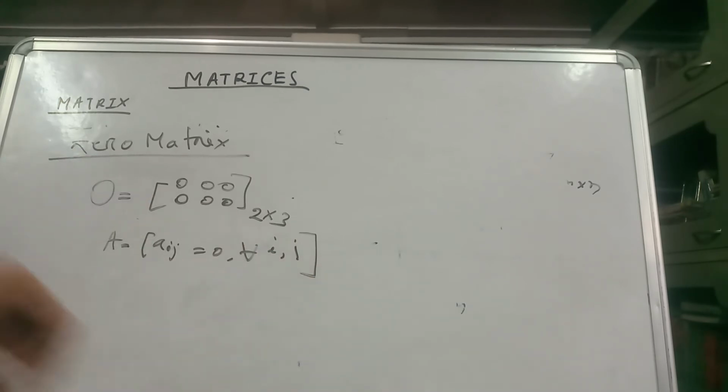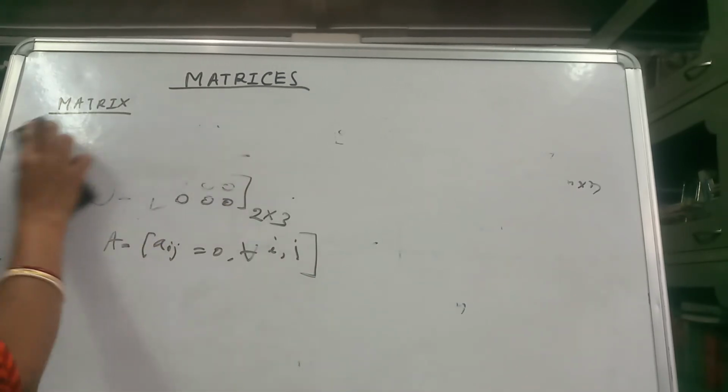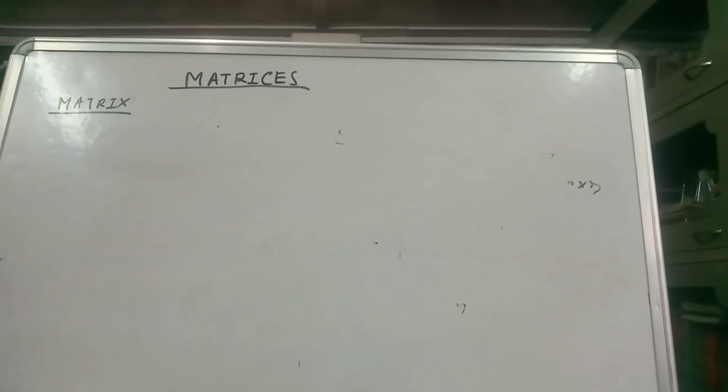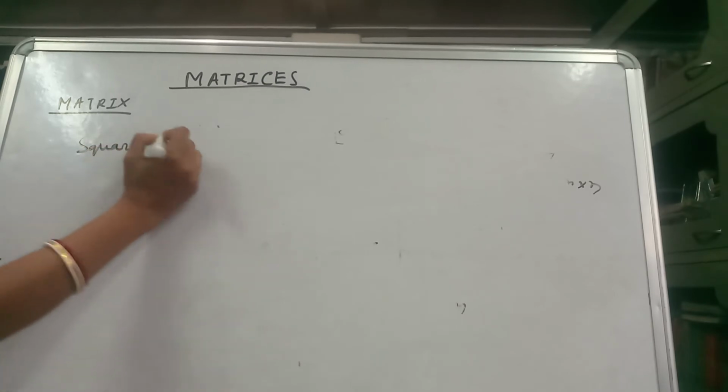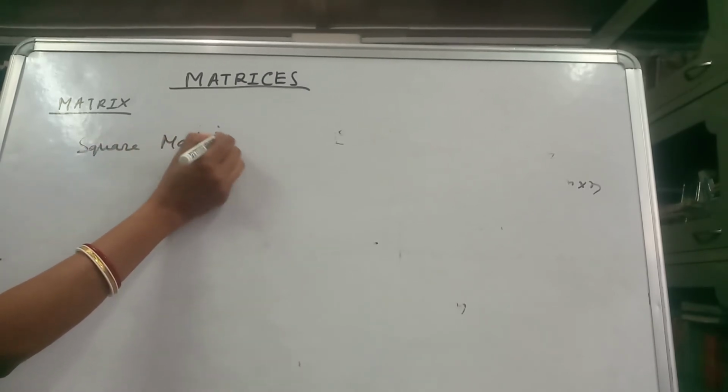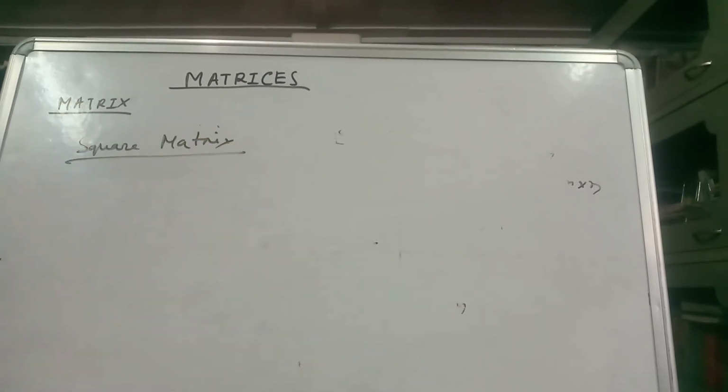Now square matrix. A matrix in which the number of rows and the number of columns are equal is called a square matrix.